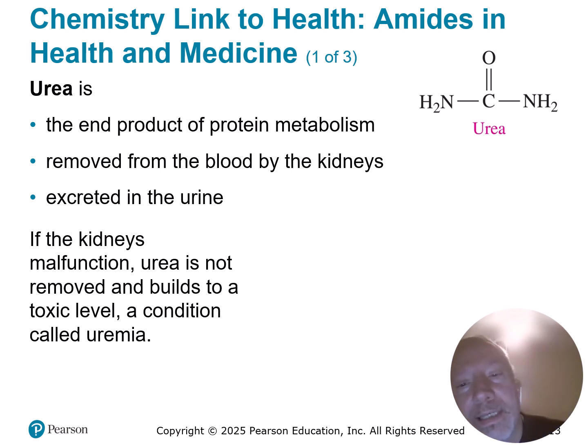And now let's get to something kind of interesting. Urea is something that we dispose of out of our bodies from protein metabolism. It's excreted in the urine. It can be toxic. If we can't get it out of our system, we could suffer from uremia. And urea is also used in fertilizers and things such as that.